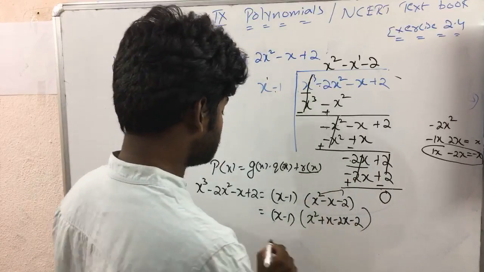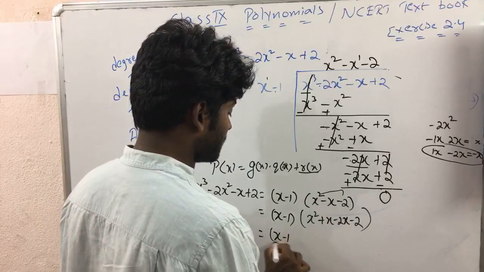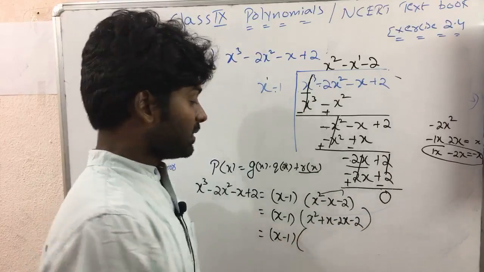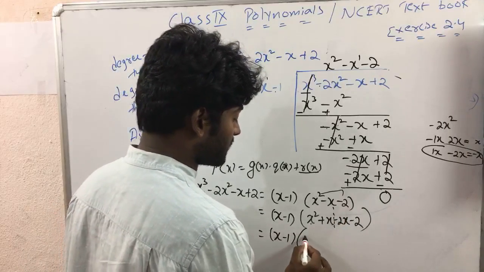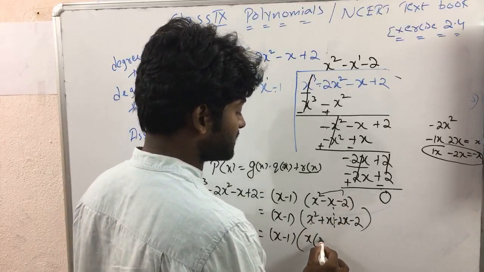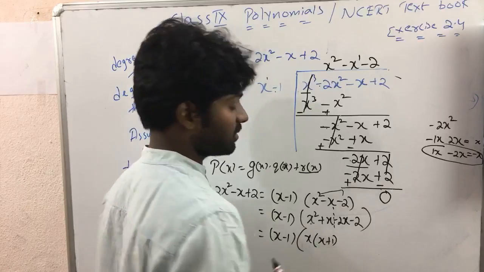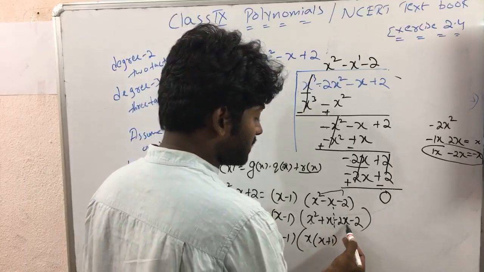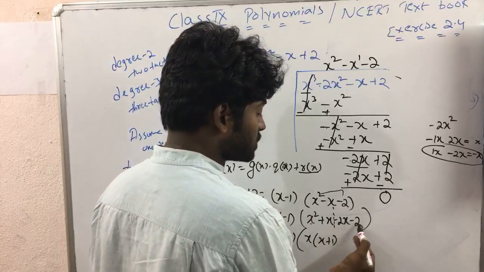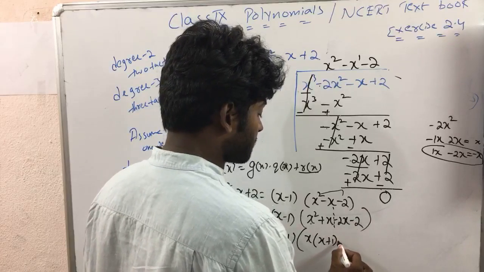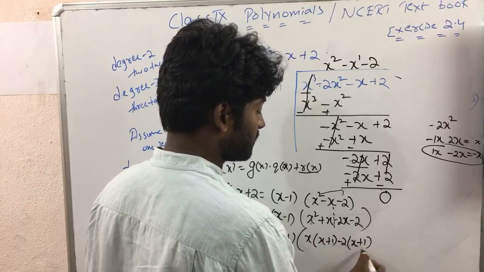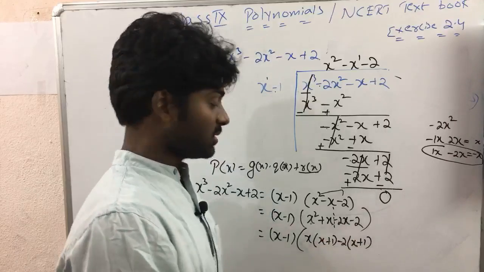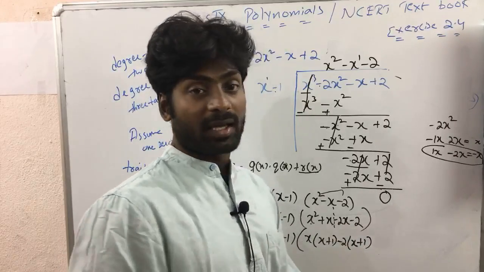Now divide this into two parts. In the first two terms, x is common, so you are left with x plus 1. In the second part, minus 2 is common for the two terms, so take minus 2 common, you are left with x plus 1, because minus 2 into x is minus 2x, minus 2 into plus 1 is minus 2.